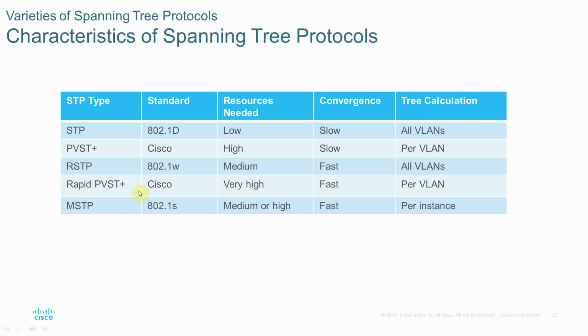Rapid PVST Plus is Cisco proprietary, needs very high resources, has fast convergence, with tree calculation per VLAN. MSTP, 802.1s, needs medium and sometimes high resources, depending, is fast, and works per instance of VLANs.